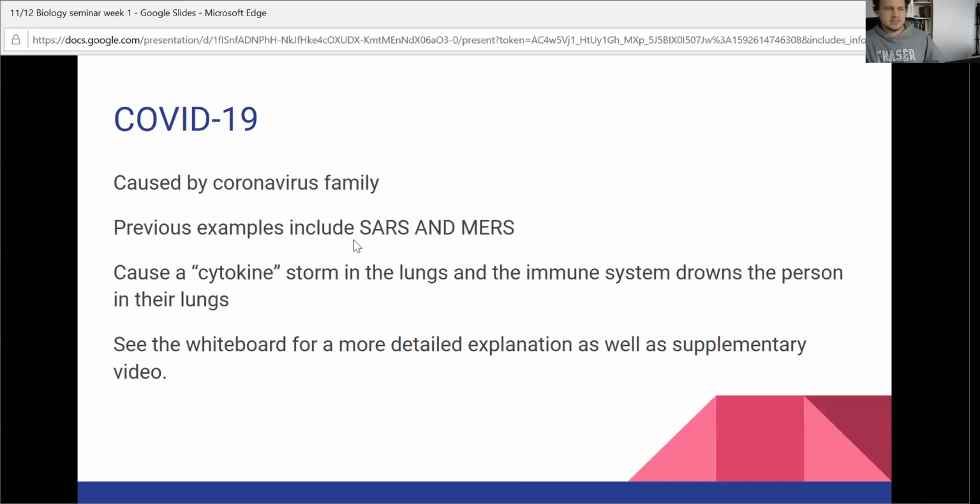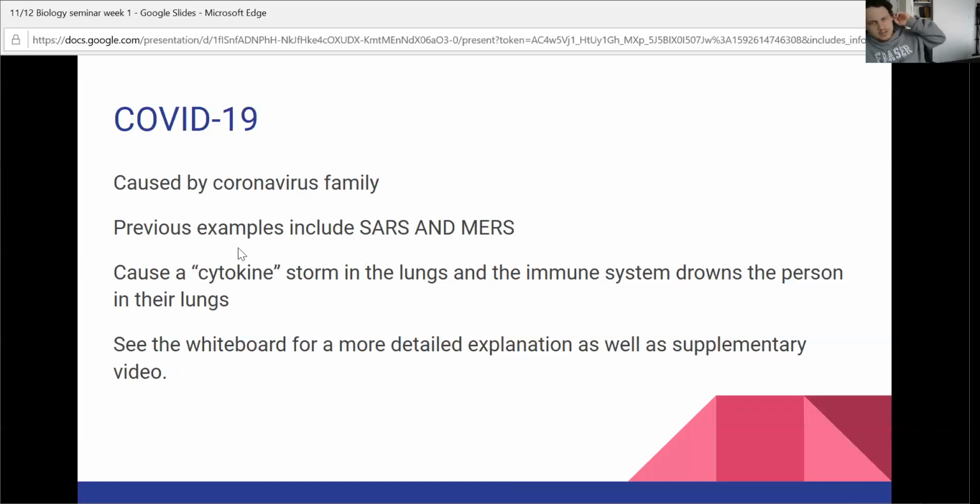They mutated themselves out of existence. So SARS had a 10% fatality rate. Coronavirus has like 0.4. I think it's the latest figures. MERS had a 30% fatality rate. So 1 out of every 3 people that got it died. But thankfully, they don't exist anymore.